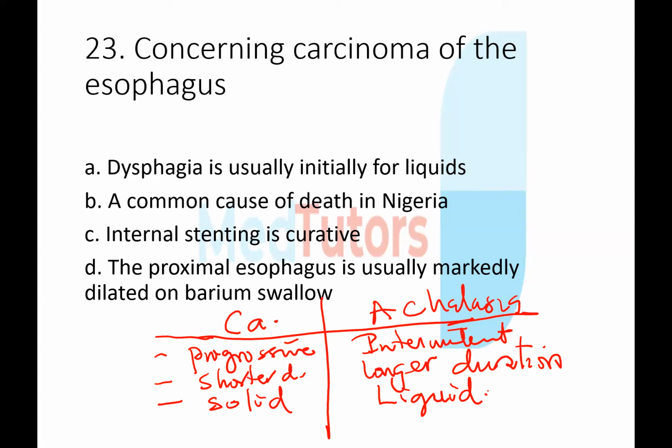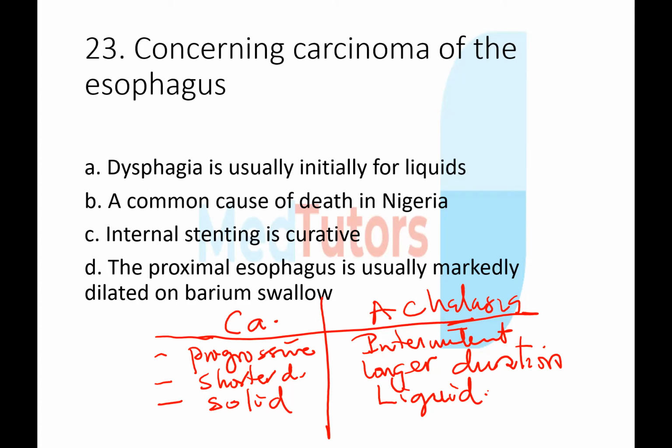Now, concerning carcinoma of the esophagus, dysphagia is usually initially to liquid, which is false; it is initially to solid. A common cause of death in Nigeria, that is, it's not a common cause of death in Nigeria.